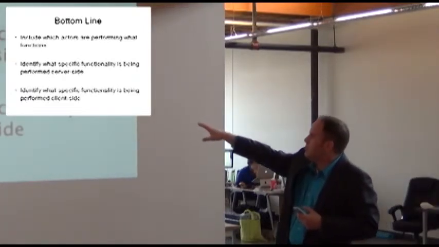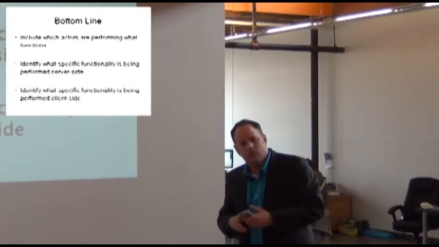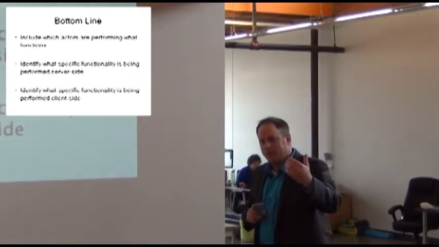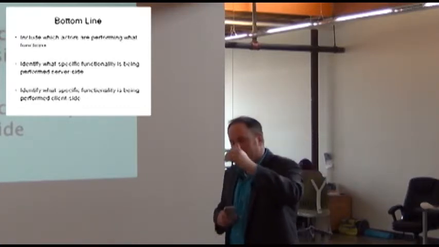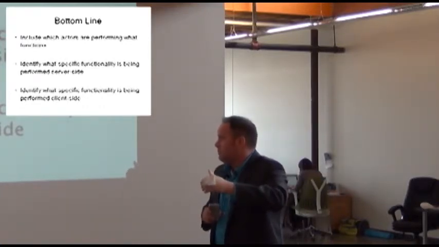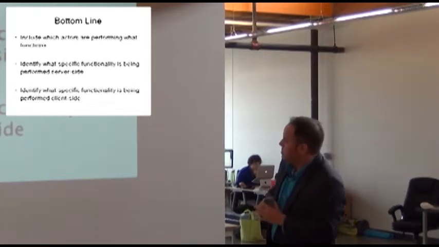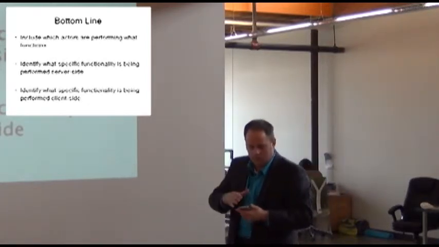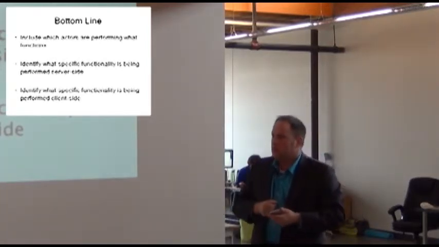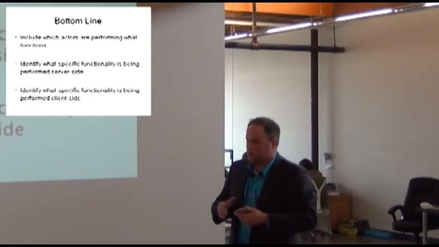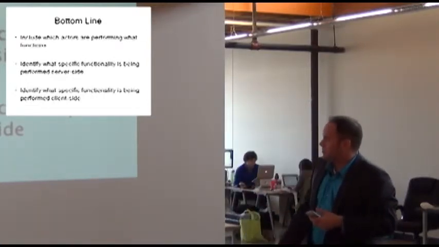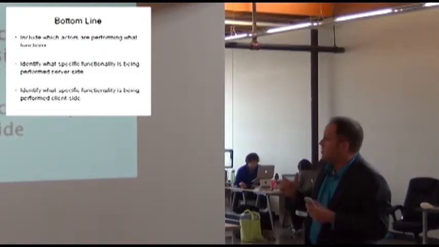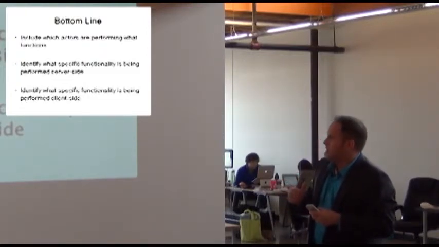Maybe identify something that's happening on the server side. So if your server is performing all of these functions, make sure to limit your claims to what the server does. And then you can have another claim that goes to what the client does, so what is happening on my iPhone device, what functions is it performing in relation to the server, and make sure that they're separate claims directed towards that.